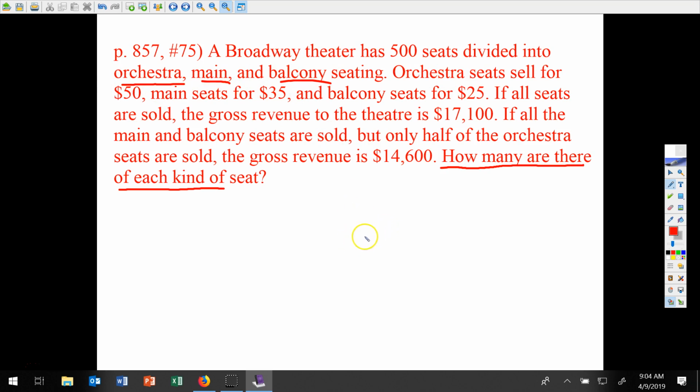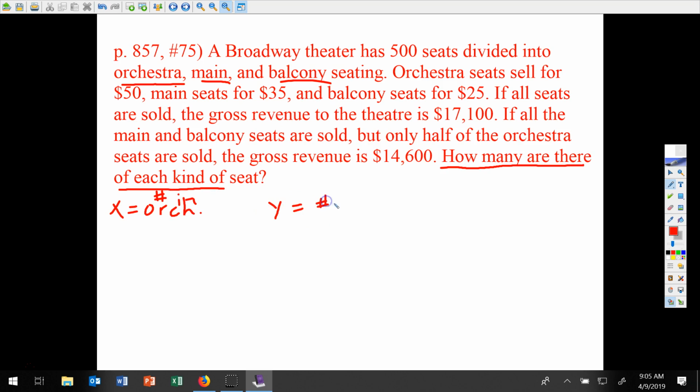So you need a variable to represent the number of seats in each section. And I'm just going to say X will be my orchestra, probably more specific, the number in the orchestra.